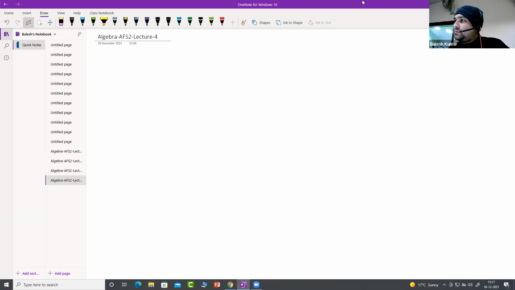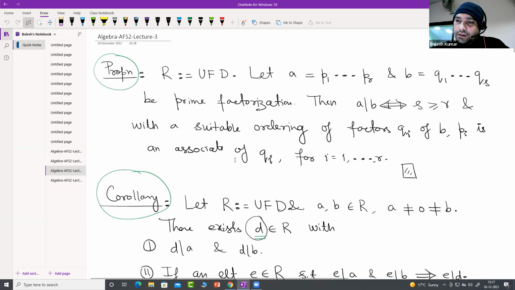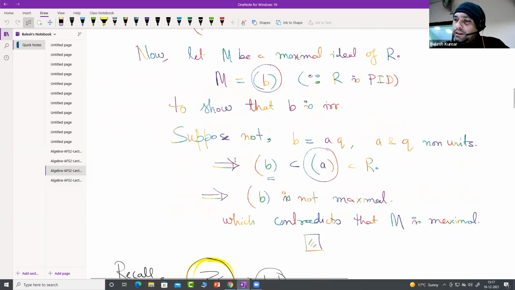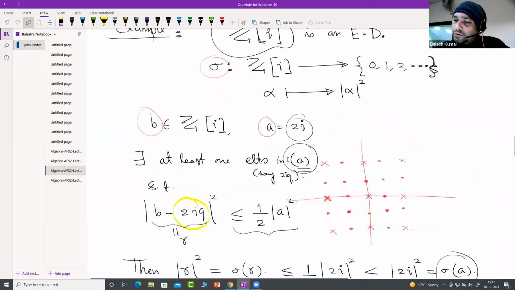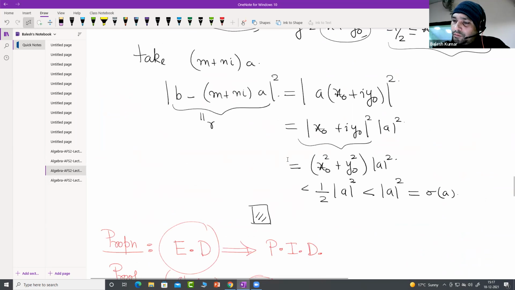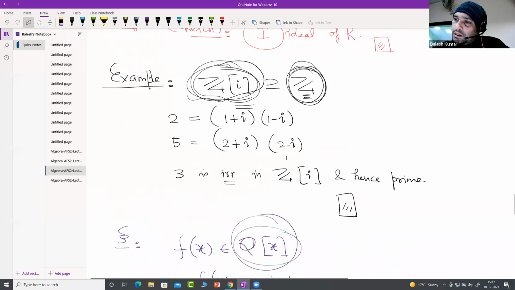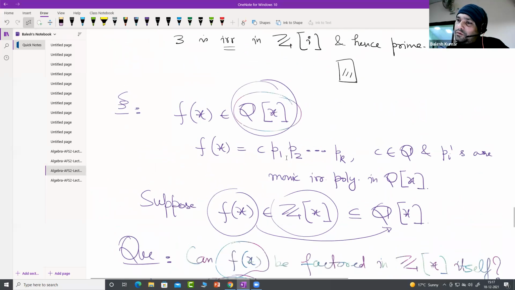Let me recall that in the previous lecture we started discussing that the polynomial ring with integer coefficients is a unique factorization domain. If you take a polynomial with integer entries, you can factor it if you think of it inside Q of x.